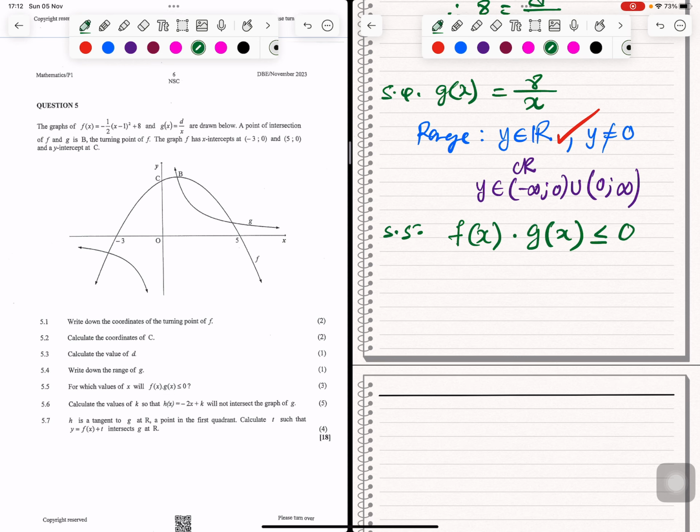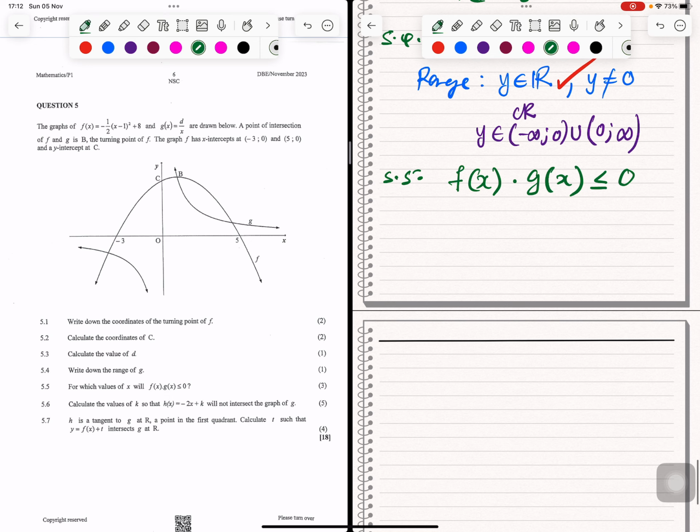What I want you to really observe is that the best way to answer this type of question is that there is no way you multiply positive and positive and get negative.